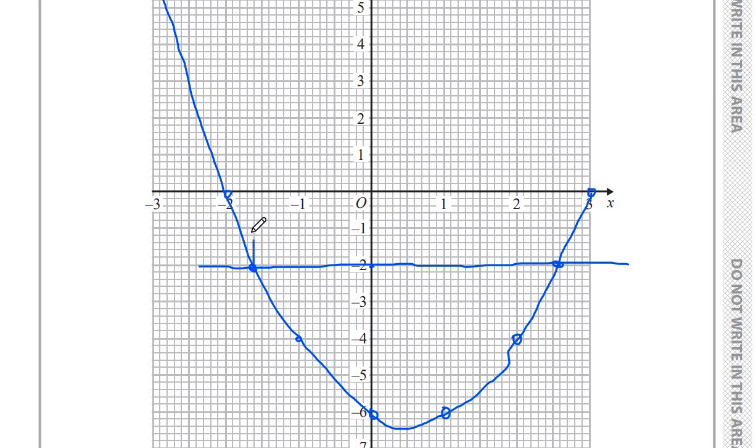So you need to figure out these x coordinates from here. So that is going to be around 2.6 because each square is 0.5, and here this is going to be around -1.6.